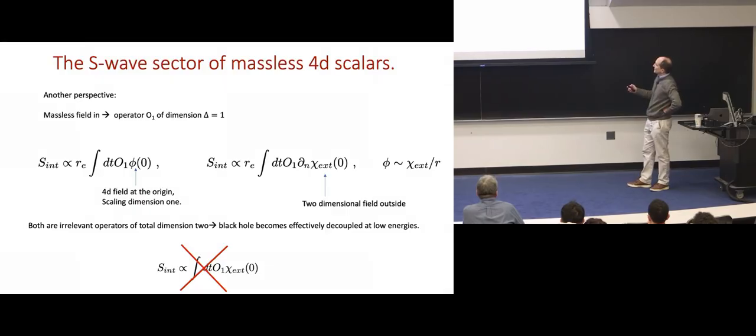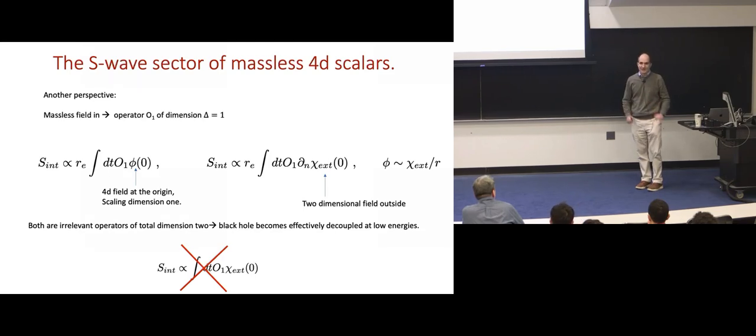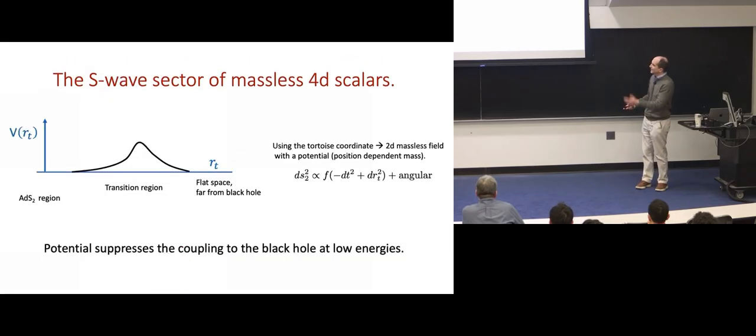And so the proper coupling is between that massless two-dimensional field, which in the absence of the black hole obeys Dirichlet boundary conditions at the origin, and the coupling is to the normal derivative of that field, to that operator. Okay, so we have the operator of dimension 1. This other thing also has dimension 1, and so the coupling has dimension 2, and that's why we have a distance scale, and that's why at low energies this is an irrelevant operator that becomes unimportant. So this is another way to understand the same thing that we explained in the previous transparency.